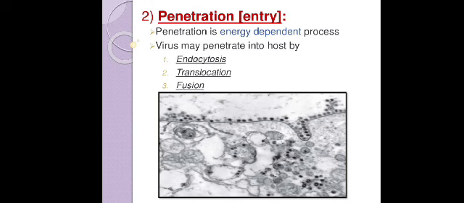And in the third type, that is injecting nucleic acid or translocation. Here you can see the bacteriophage cannot penetrate because of a rigid cell wall, so only the nucleic acid is injected into the host cell.